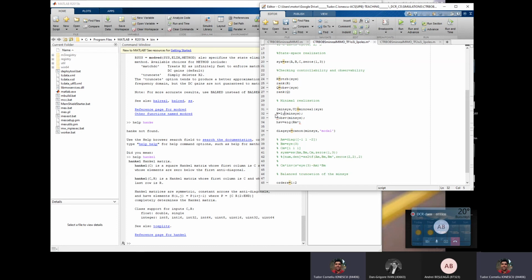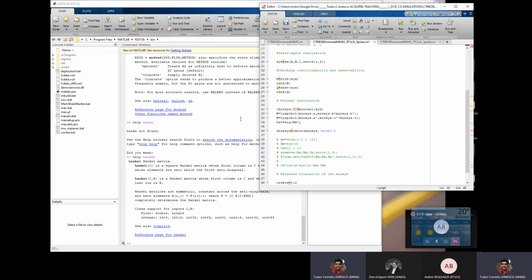So W is, using Cholesky factors, lyap of min sys.A and min sys.B times min sys.B transposed, and the observability Gramian M is lyap of min sys.A transposed and min sys.C transposed times min sys.C.